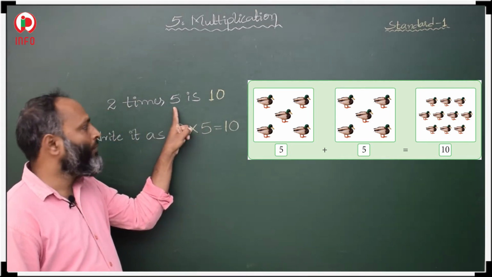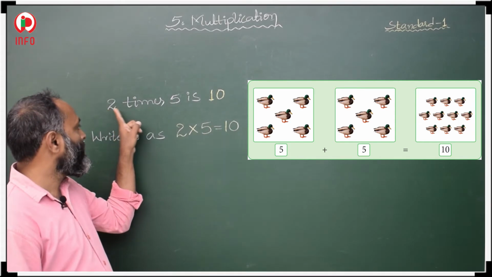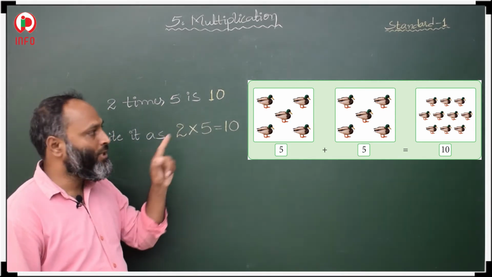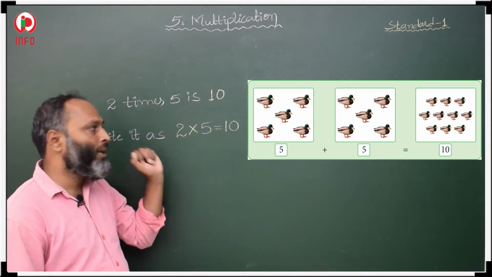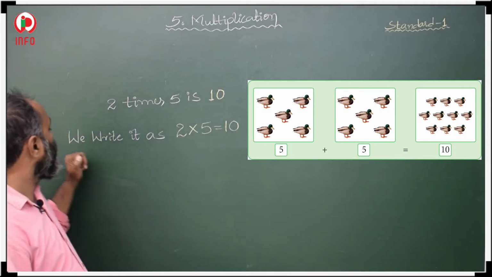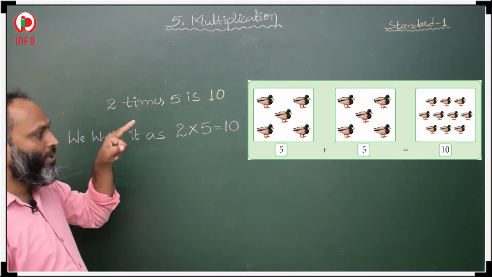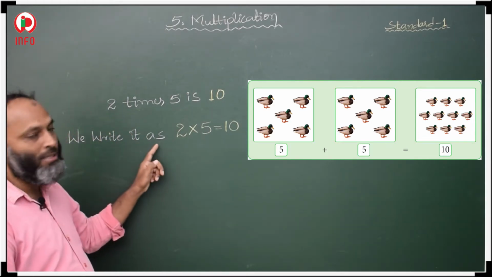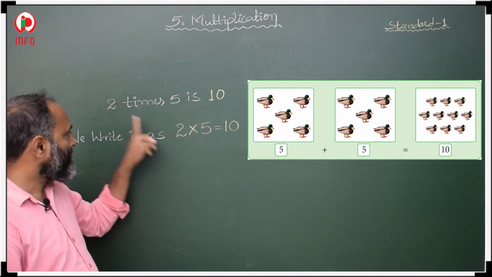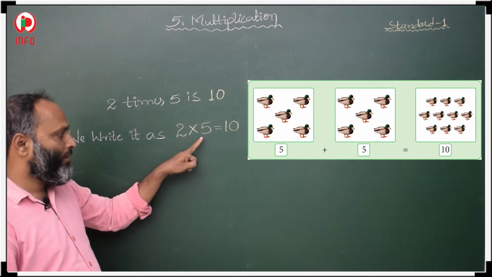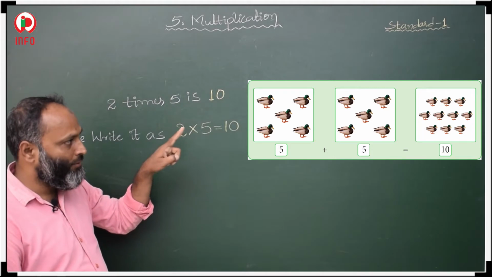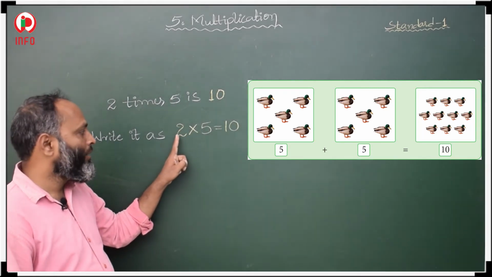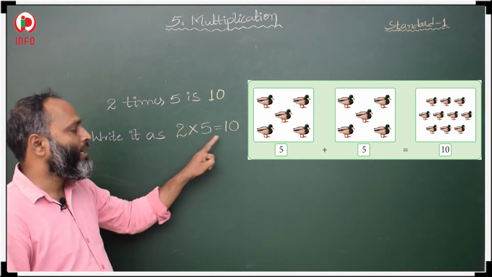How to write in words? We write 2 times 5 is 10. Total 10 ducks. Then mathematically, how to represent? We write 2 groups into 5. 5 means the number of ducks in each group. 2 fives are 10.